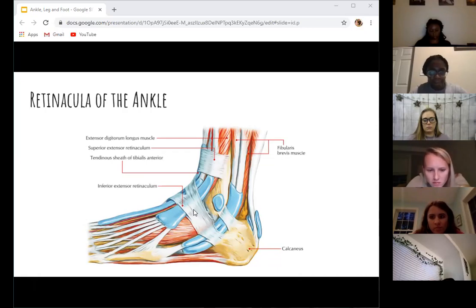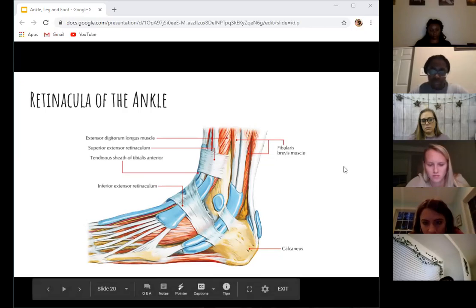Whereas in the wrist, you have the risk of carpal tunnel with compression of the tunnel with the retinacula above it, that risk is a lot lower in the ankles. You don't typically see that same type of compression with the retinacula, but I did want you to be aware of the location of those 2.